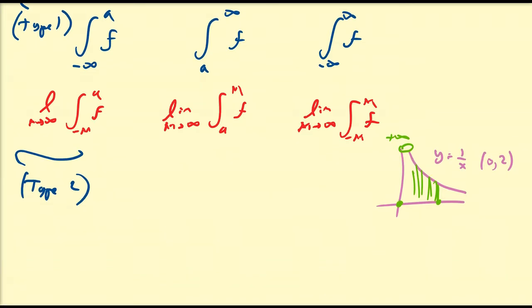So case 1, let's assume f of a is equal to plus or minus infinity, and f of b is finite.